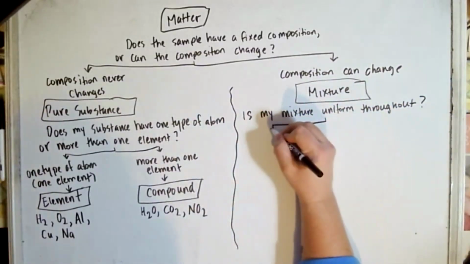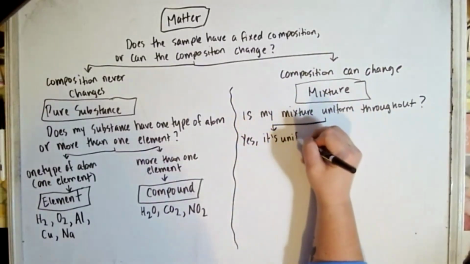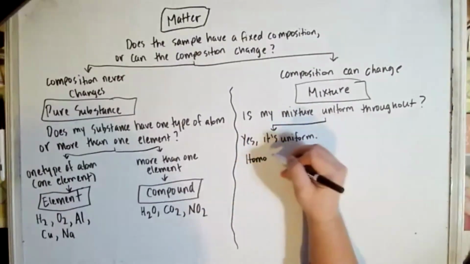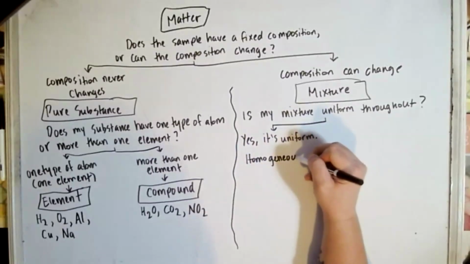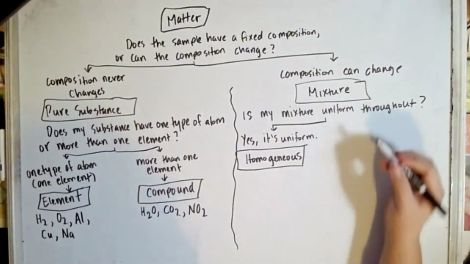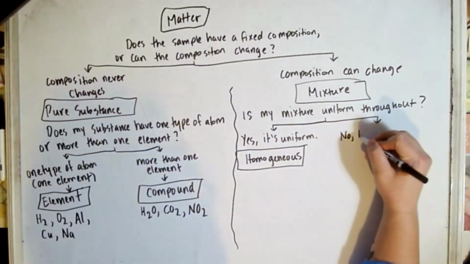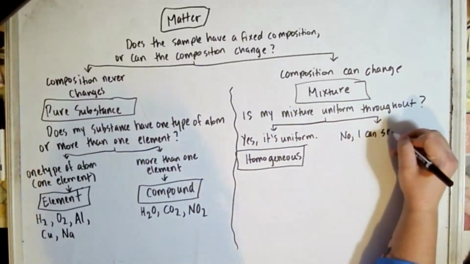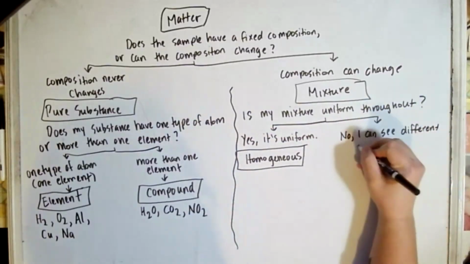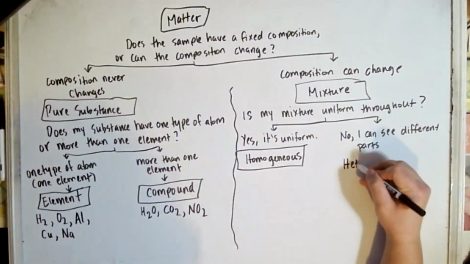And if the answer to that question is yes, it's uniform, then your mixture is going to be homogeneous. Okay. If the answer is no, I can see different parts of my mixture, then your mixture is going to be heterogeneous.